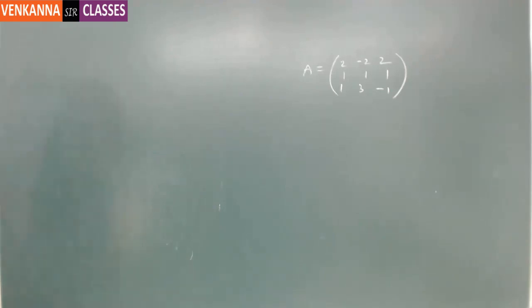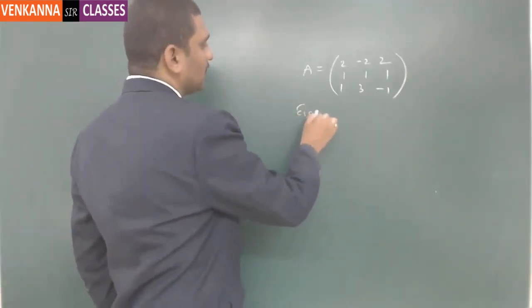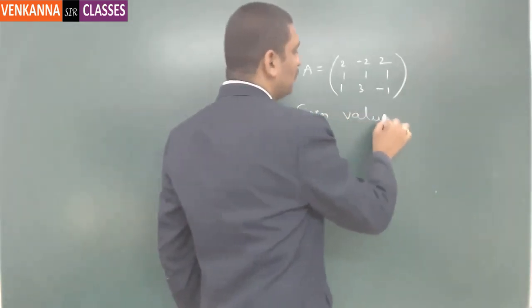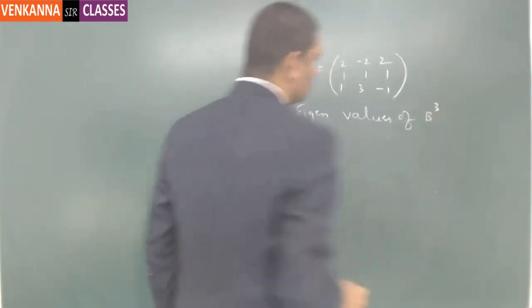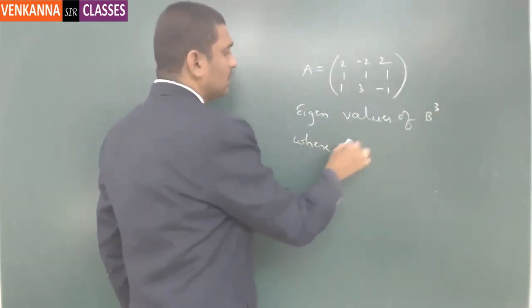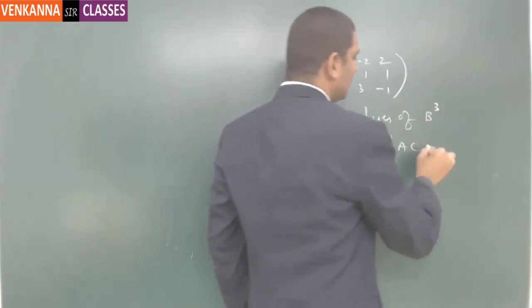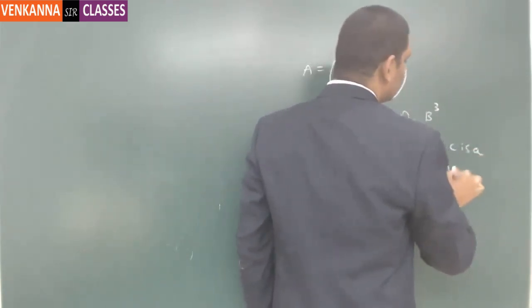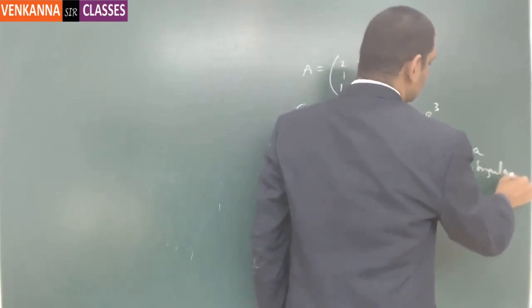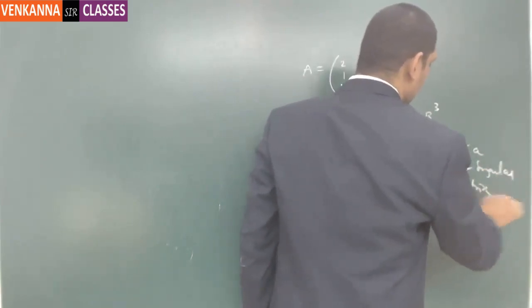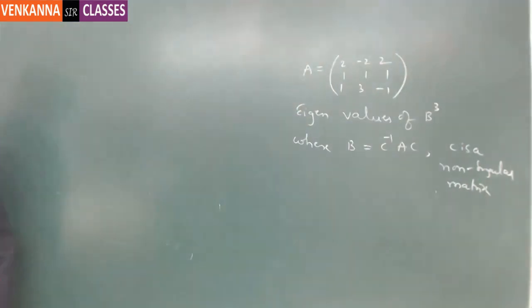It is mentioned to find the eigenvalues of B cube, where B is equal to C inverse AC and C is a non-singular matrix. If you have seen some of the previous year questions, this is one of those questions. I have given a matrix A. I need to get the eigenvalues of B cube where B is equal to C inverse AC and C is a non-singular matrix.